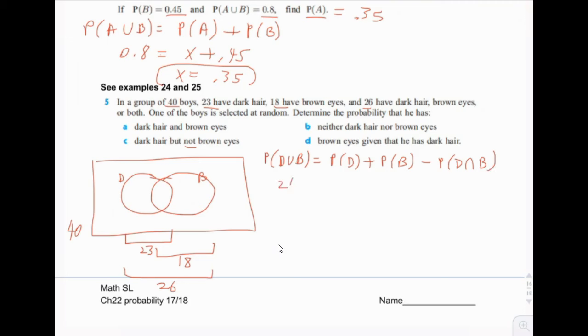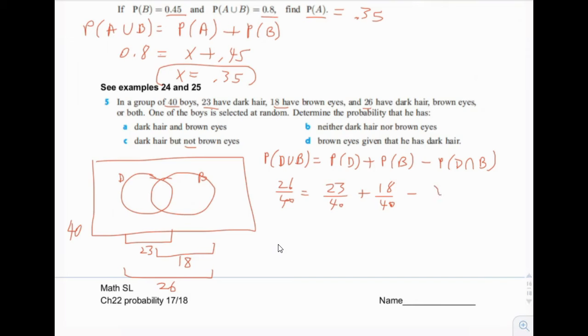The probability of D we know is 23 divided by 40. Probability of B is 18 divided by 40. And the probability of D intersect B is, oh, we don't know.